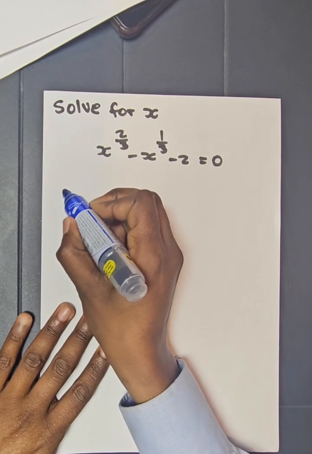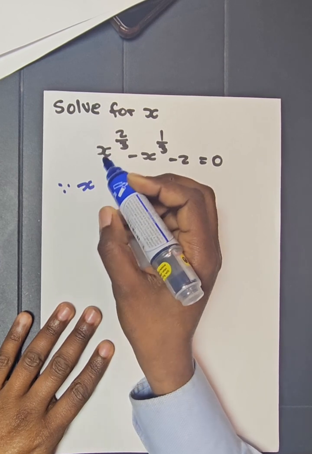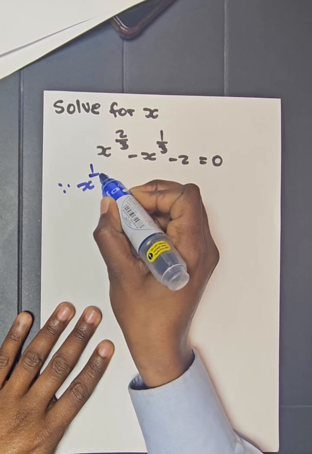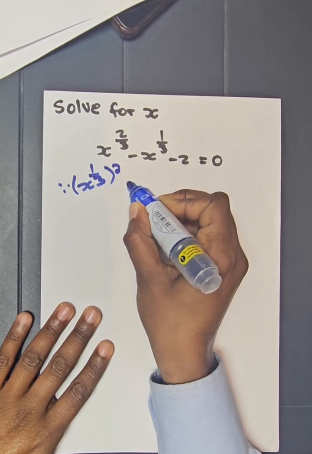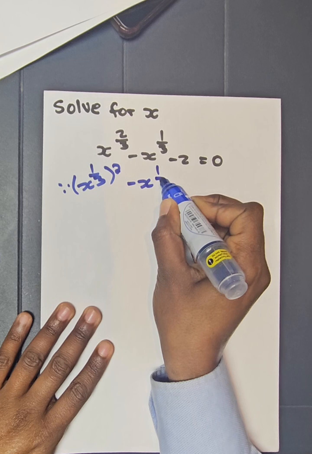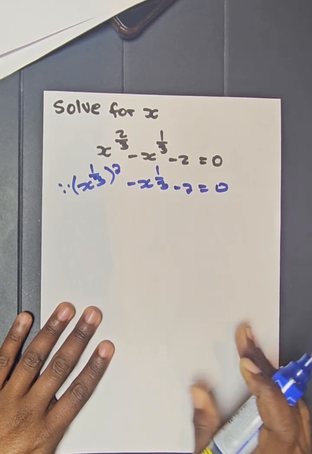We're gonna therefore say x to the power of 2/3 can be rewritten as x to the power of 1/3, all squared, minus x to the power of 1/3, minus 2 equal to 0.